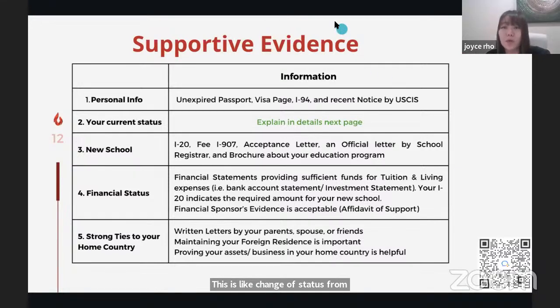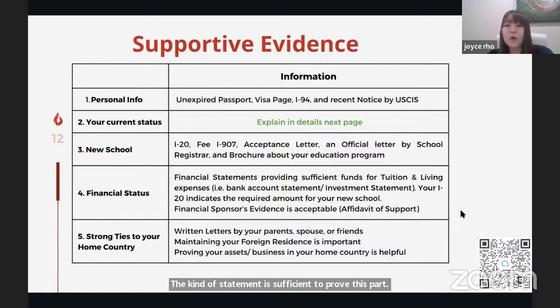That's why USCIS wants to see that you have intent to go back to your home country. So you have to show your strong ties by submitting a written letter from your parents, spouse, friends, or family in your home country. They indicate that they know your intention of coming back to your home country after your education. That kind of statement is sufficient to prove this part.